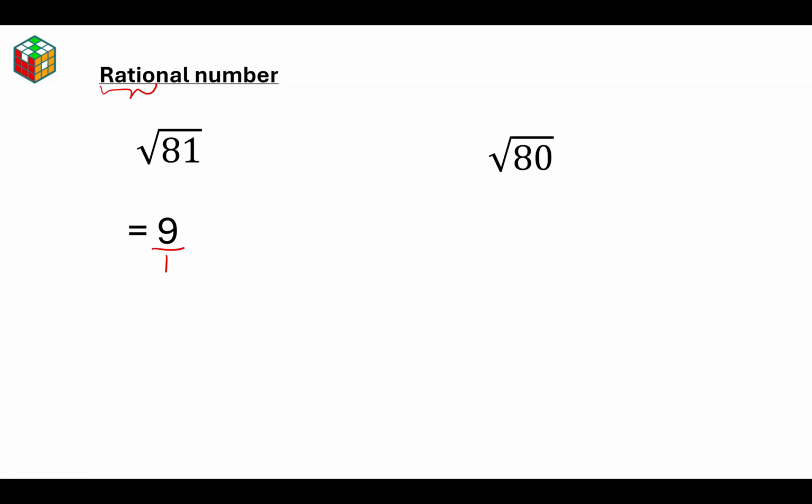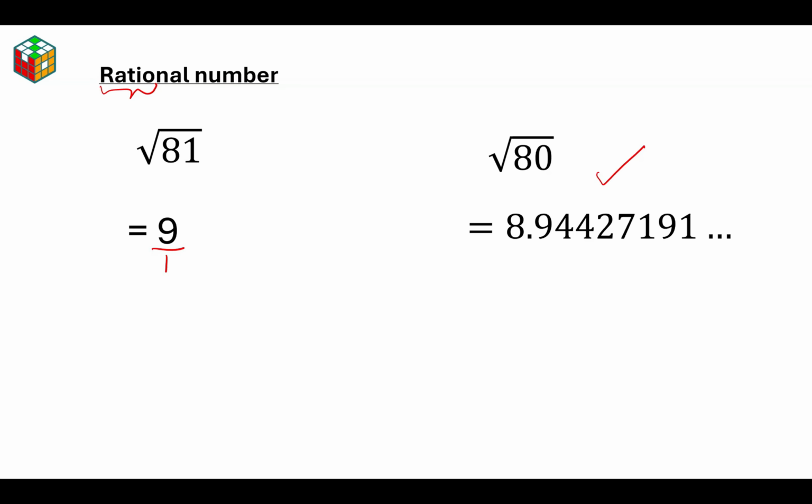And then, if we are asking you to square root 80, you know that it will be roughly just below 9 because it's less than 81. It's 8.9442791 ongoing, and that is a surd.